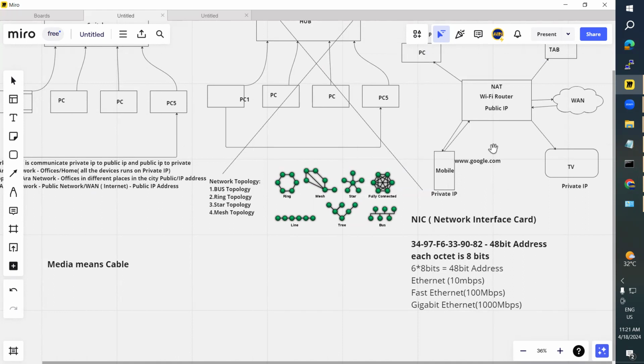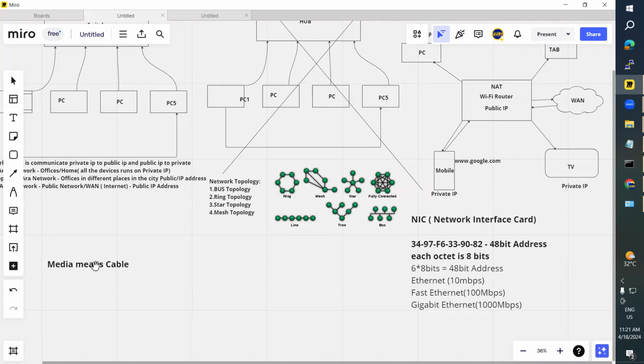Outside of the office, without the cable, we are able to connect devices by Wi-Fi, right? But in the office premises, in the private networks, we cannot connect without the cable, right? See, media means cable.